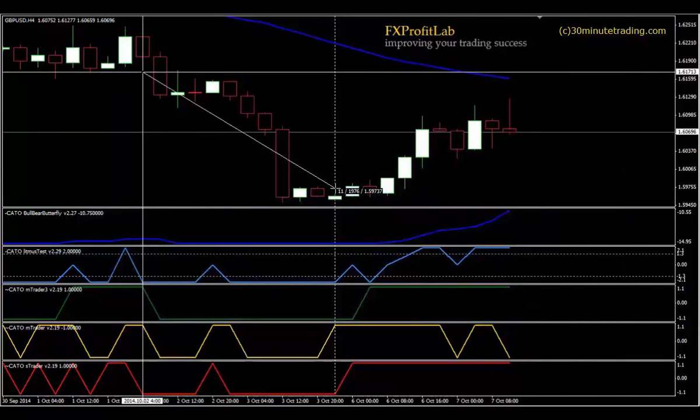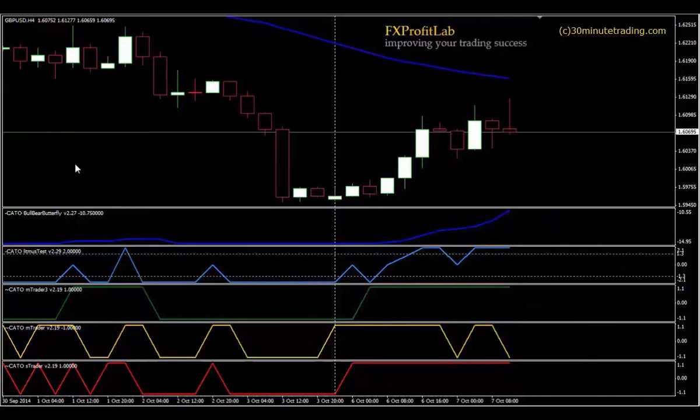So about 197 pips. And whatever you're trading, whether a dollar for every pip, or a pound for every pip, or a euro for every pip, that represents 197 pounds or dollars or euros.